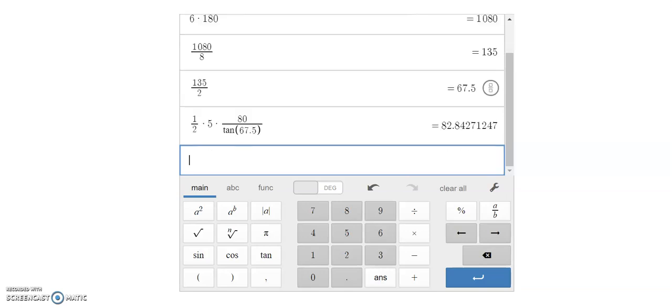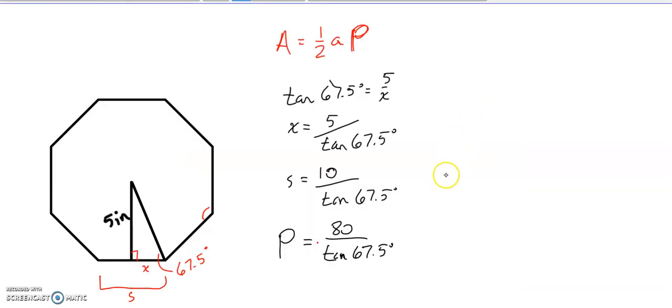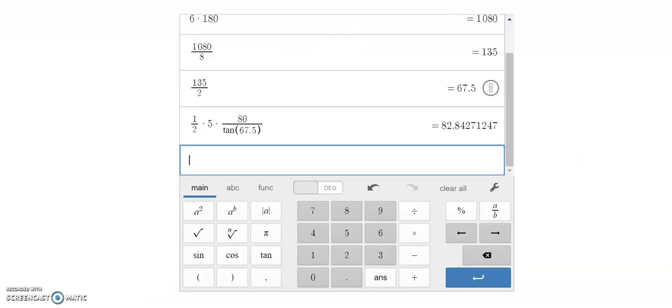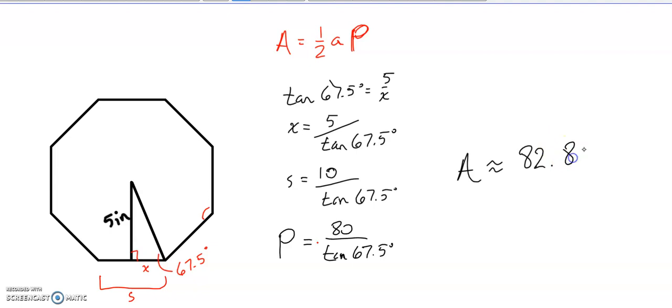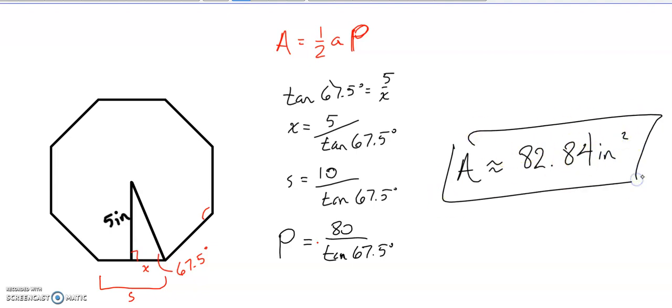And we get our approximated area of 82.84 square inches. If you're able to do that on your own, fantastic.